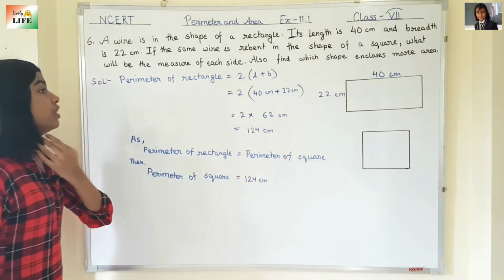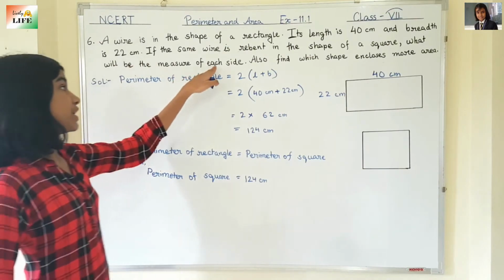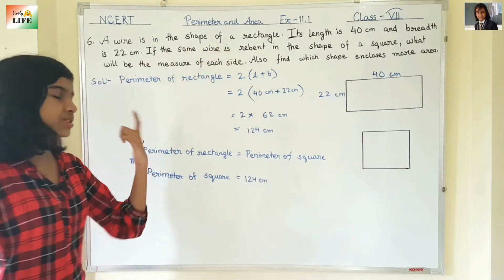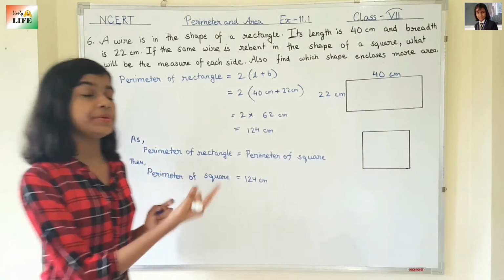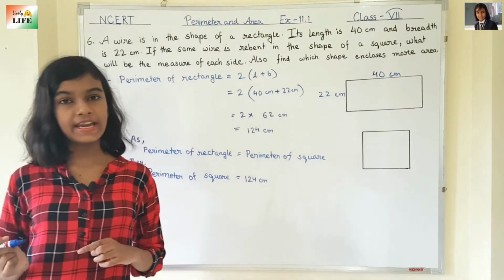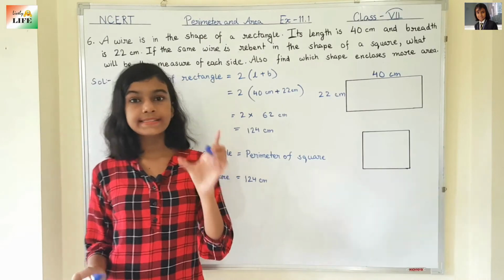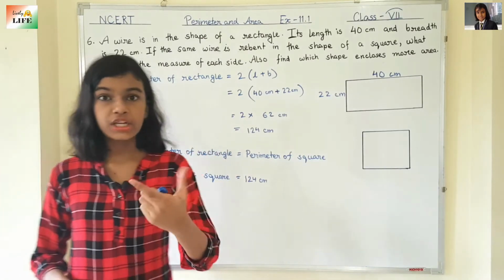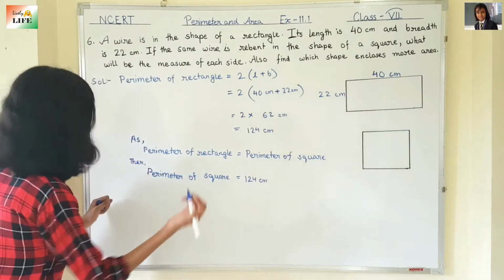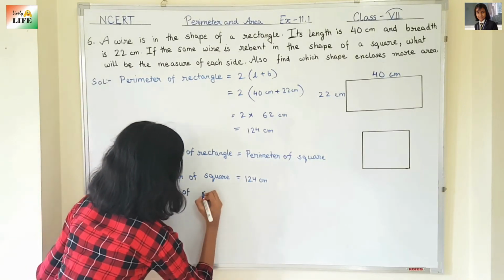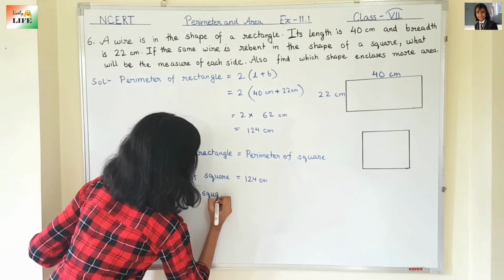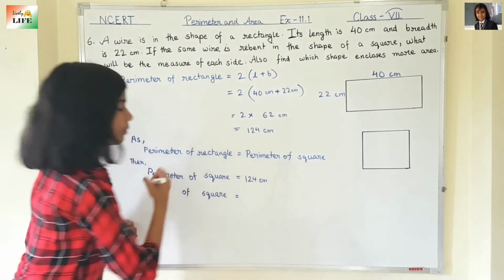Right? Now what we need to find out? We need to find out each side, measure of each side. So now what is the formula of perimeter of square? It is 4 into side, right? So what will be side? Side will be perimeter by 4. Side of a square is perimeter by 4.